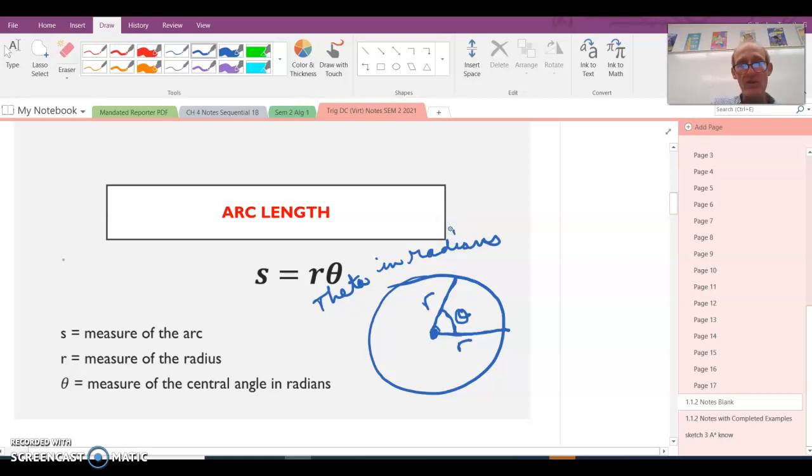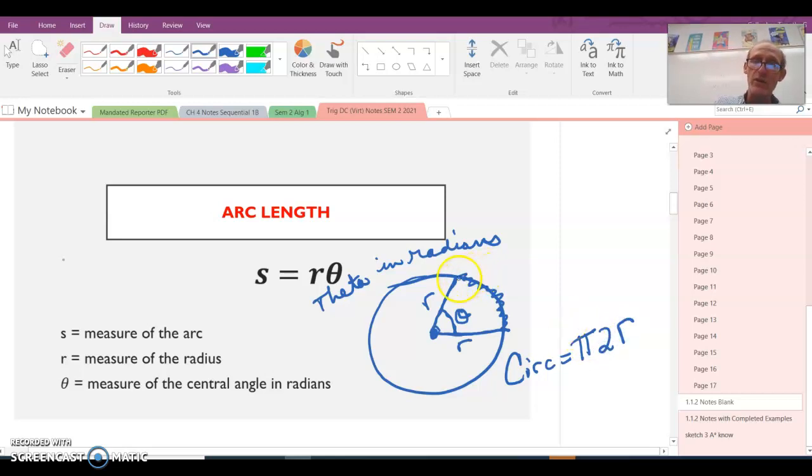So how do you figure out the length of this part of the circle? Remember that the circumference of a circle is equal to pi times 2 times the radius.